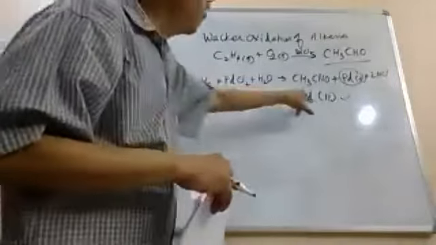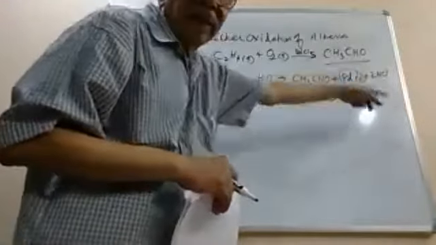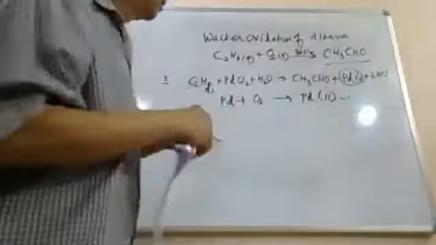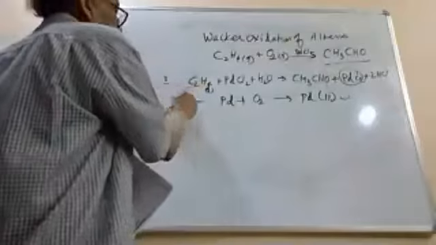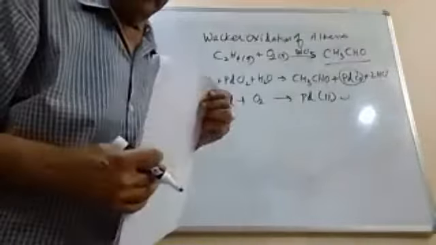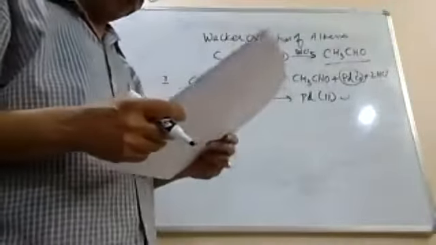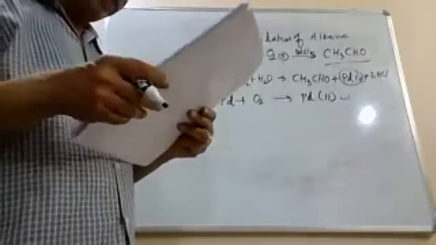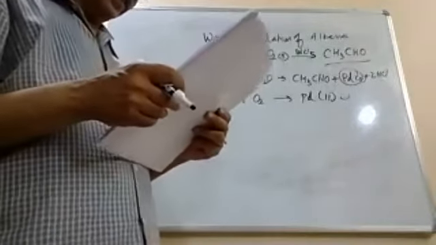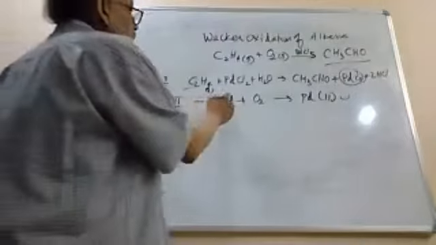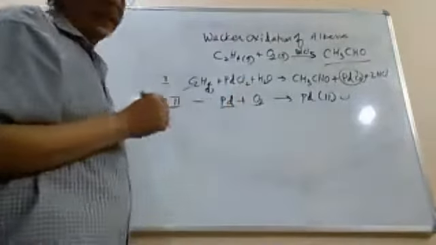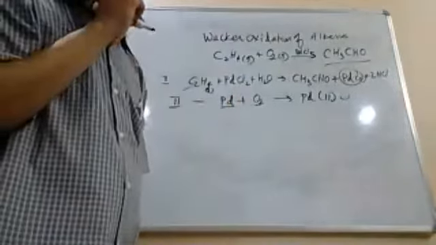The ethylene reduces the palladium 2 to palladium metal, and so there is a chain reaction between steps 1 and 2. They alternate indefinitely to make the product. The problem is that this oxidation of palladium by oxygen is slow.